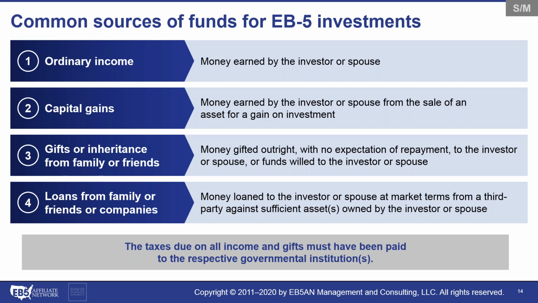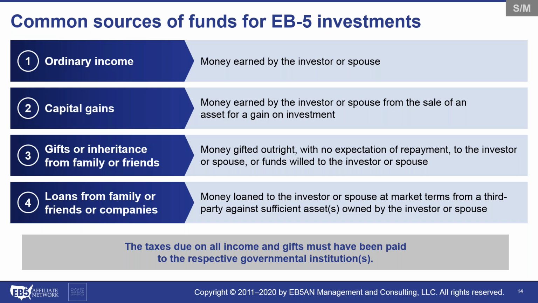Third, you receive a gift from a family member or a friend, or you inherit funds from someone. And fourth, loans from family, friends, or companies, right? So it's pretty much the cardinal 3: marry, earn, inherit in terms of sources, or loans, right?